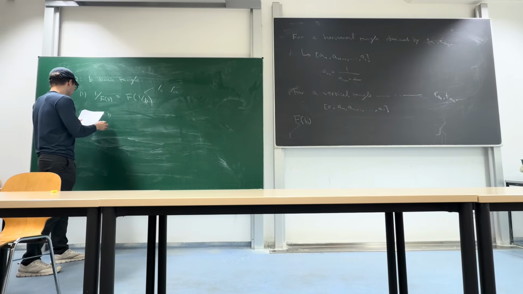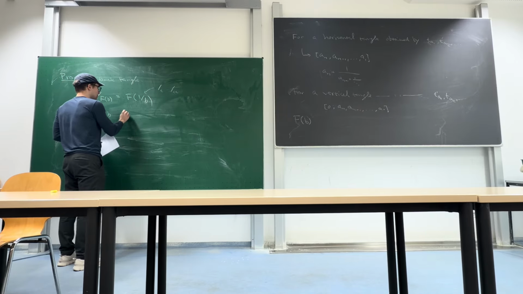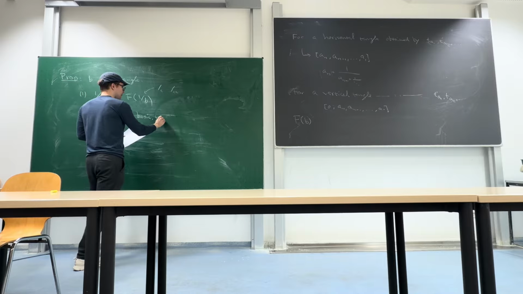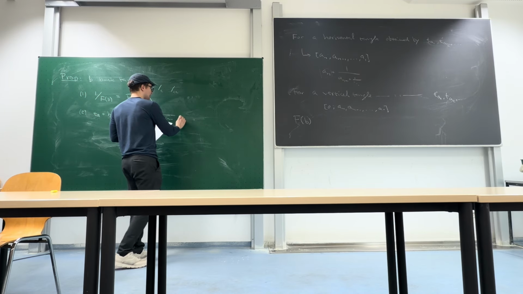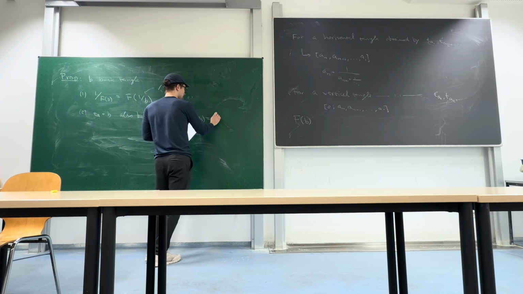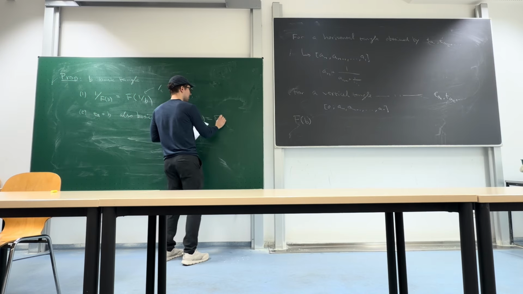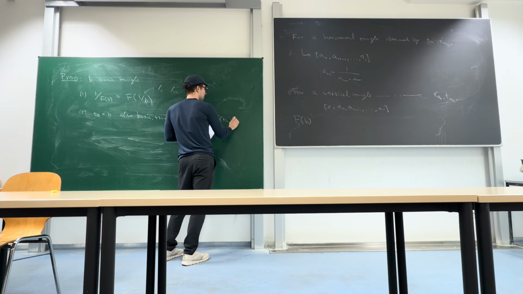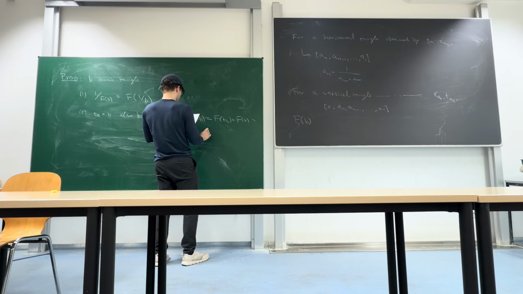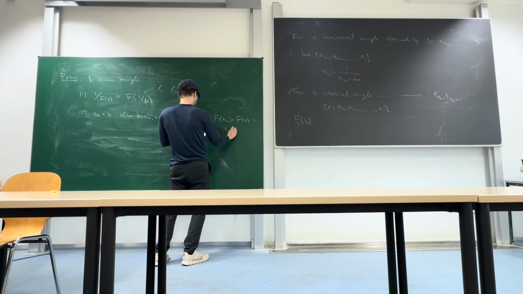So if b is also a basic tangle, then we have that f of TA plus b is equal to f of TA plus f of b, which is just A plus f of b.